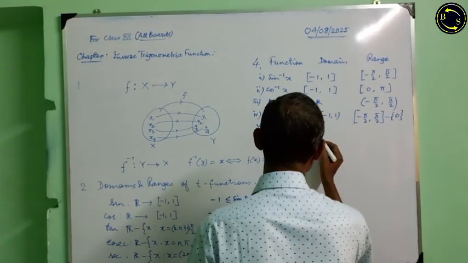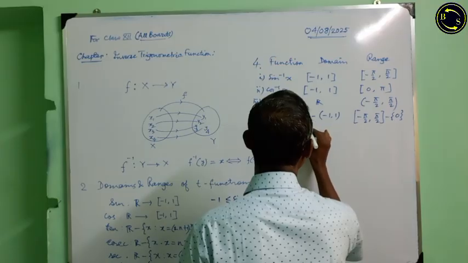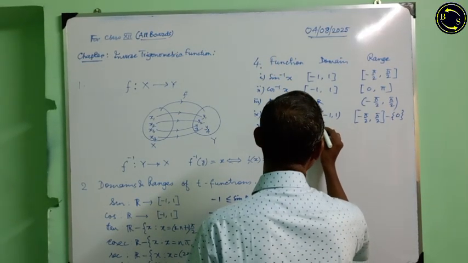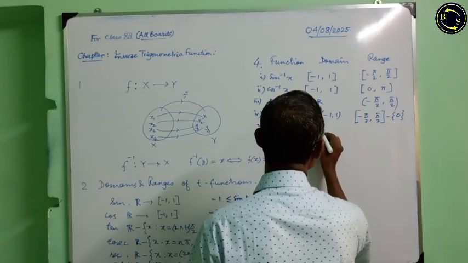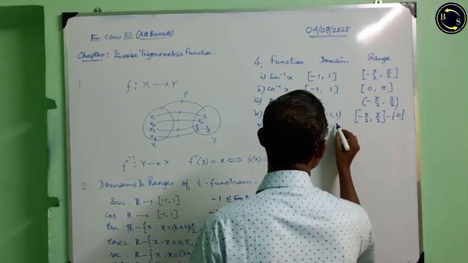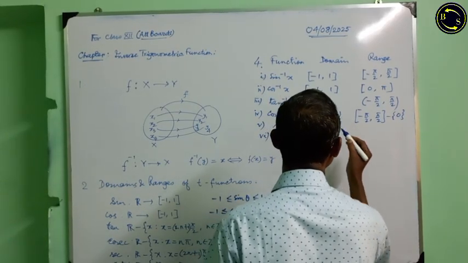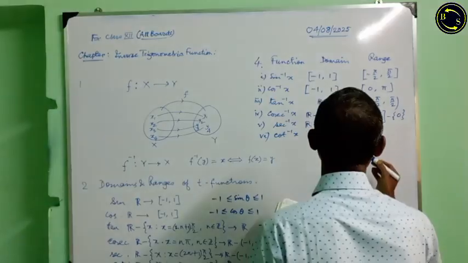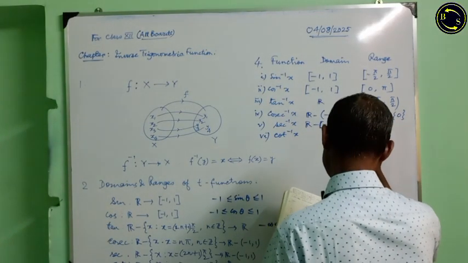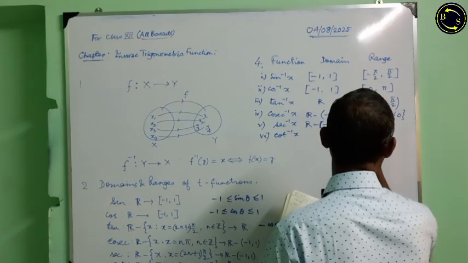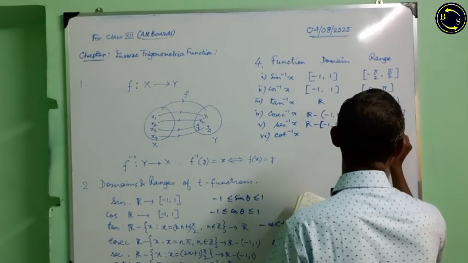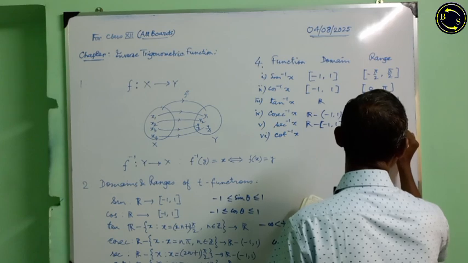Then for sec inverse, domain is the same, domain is set of reals minus the open interval -1 to 1, and range is 0 to pi except set of pi by 2.